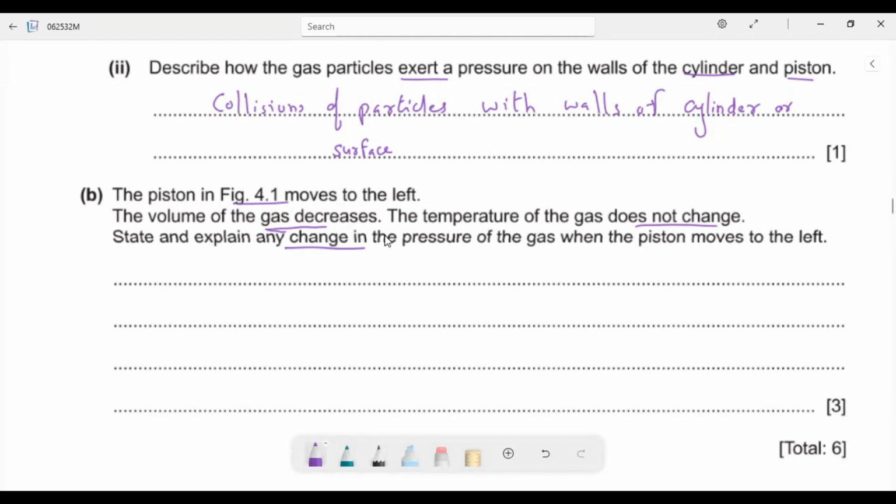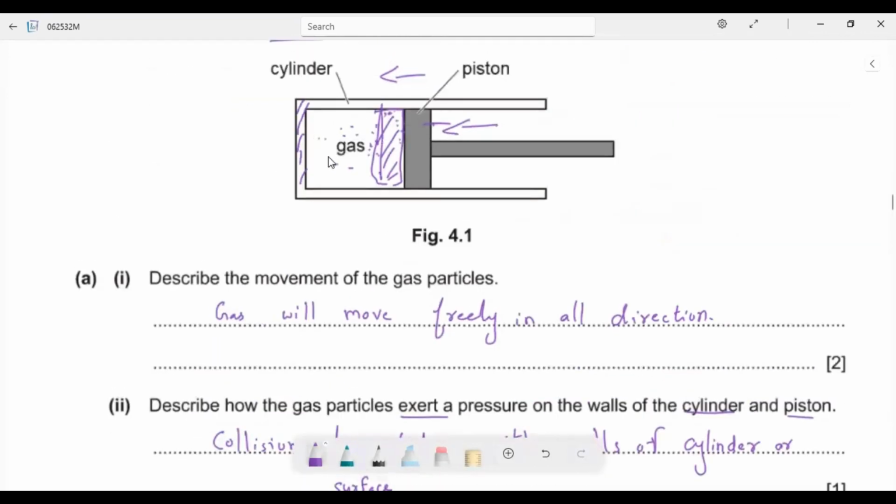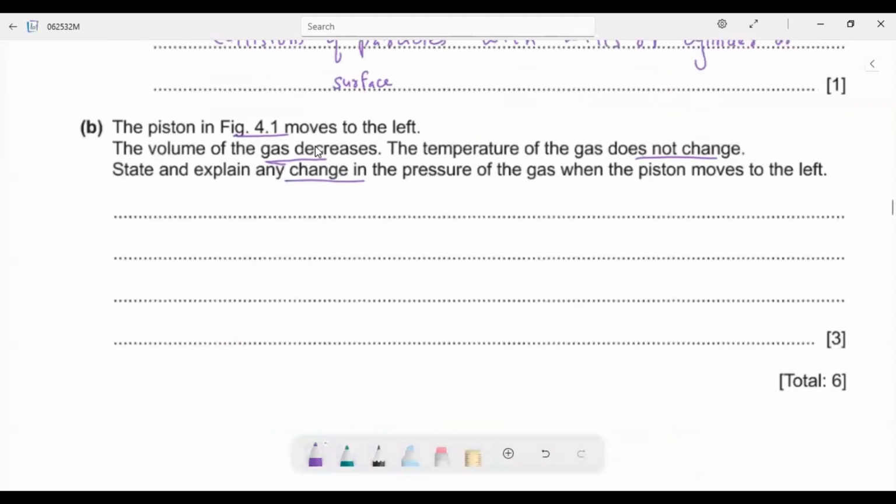Here the area of the cylinder has been decreased. When it is moving towards left, the total area inside the cylinder has decreased. Before the area was more, now the piston has moved towards left, the area has decreased. So we know the relationship between pressure and area. That is, pressure is equal to force by area.